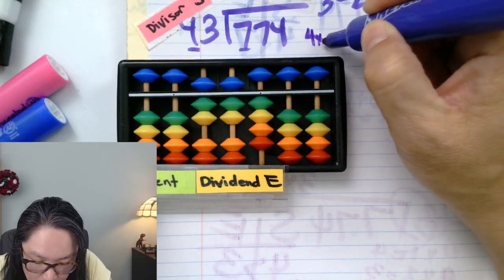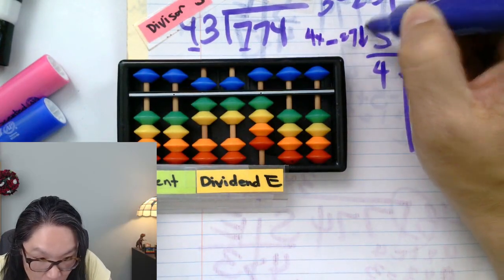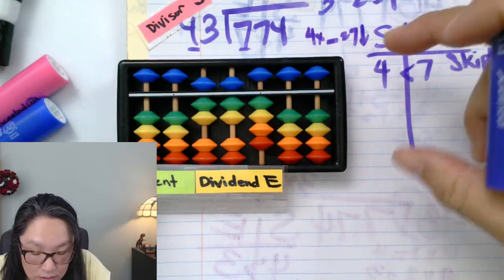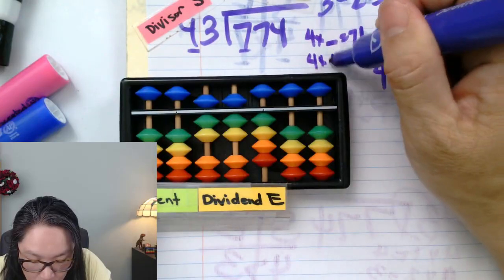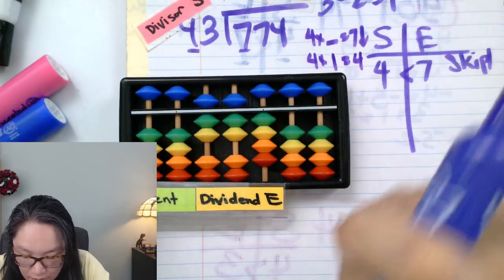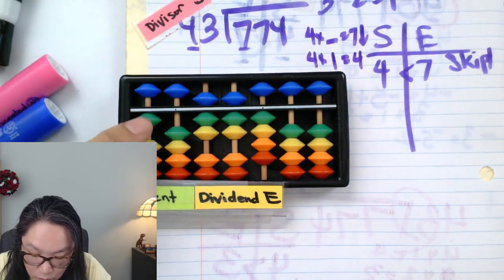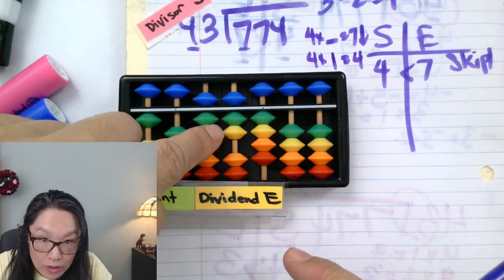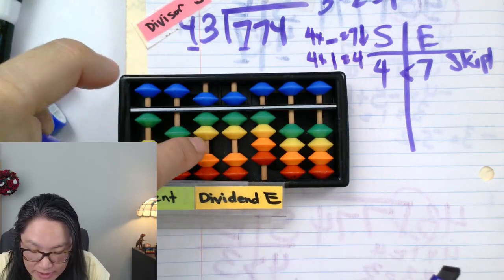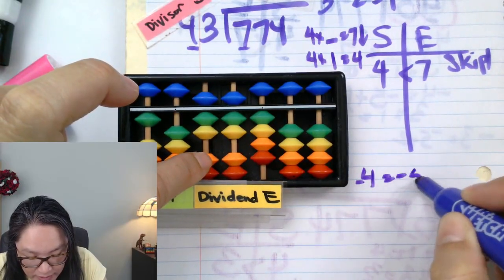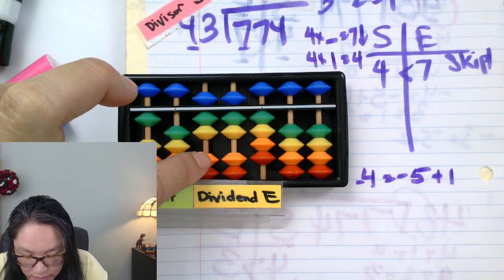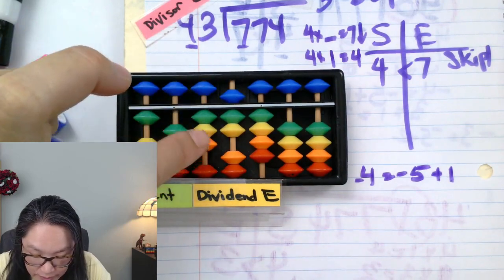Okay? So my question is, 4 times what is equal to 7 or less? 4 times 1 is equal to 4. So I'm going to put my quotient as 1, and I take away 4. When I take away 4, there's not enough beads to take away the 4. So minus the 4 is equal to minus the 5 plus the 1.